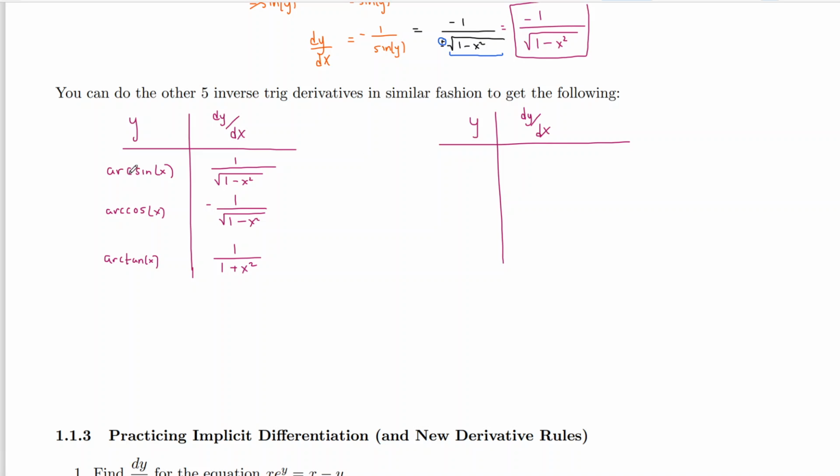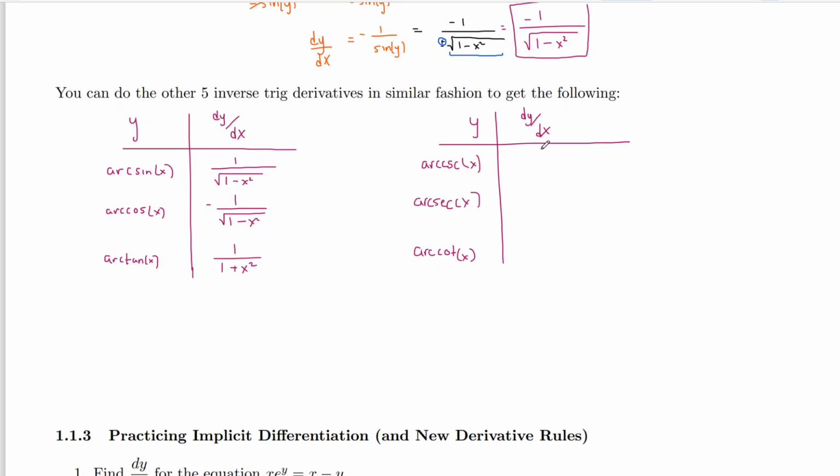So I'm going to just do it in parallel. Sine goes with cosecant, so arc cosecant. And then cosine goes with secant, so arc secant. And then arc cotangent. All right, arc cosecant and arc secant are kind of funny looking.